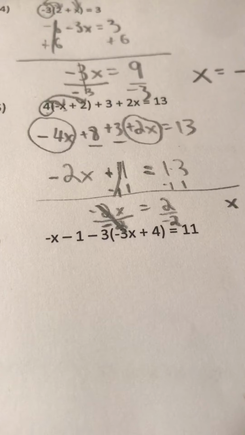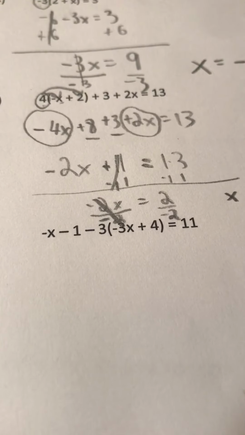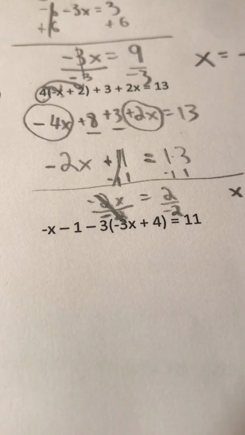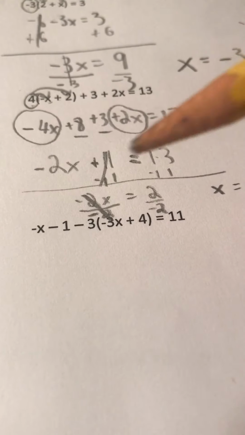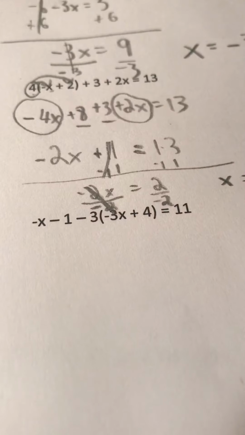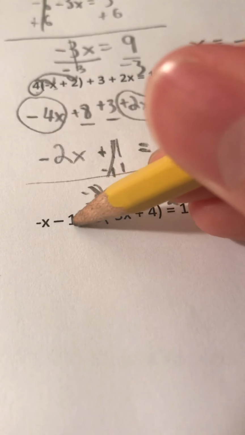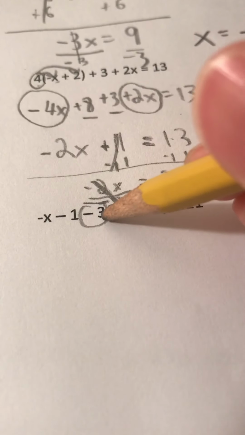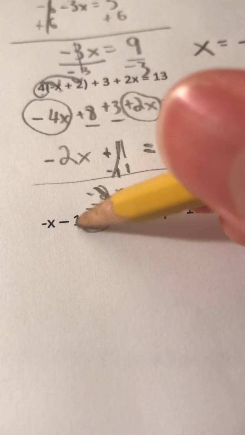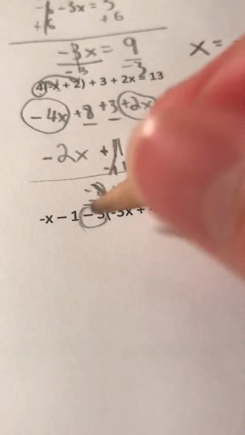So the next problem we have is -x minus 1 minus 3 parentheses -3x plus 4 equals 11. So first we distribute. Remember always to look at the sign in front of a number, okay? So make sure you don't just distribute the 3, but you distribute the -3, okay?